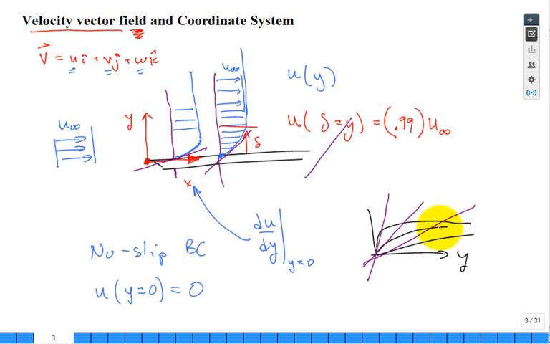It becomes less steep. But when you show it in this way, it looks like this is steeper, right? But anyway, the du dy at that location is not as large as du dy at the surface closer to the leading edge.